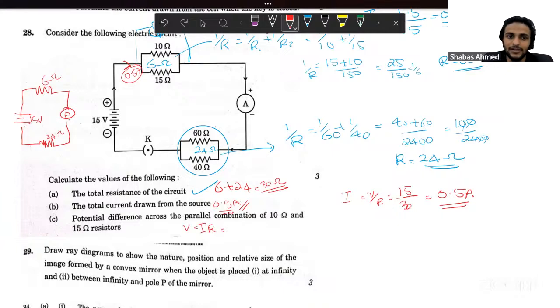The effective resistance of this wing is 6 ohm. So current 0.5 into 6 is equal to 3 volt. Sorry guys, it is 3 volt. The voltage will be equal to 3 volt. So the answer will be 3 volt.